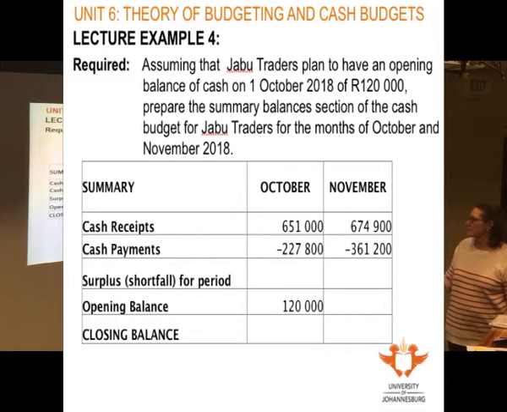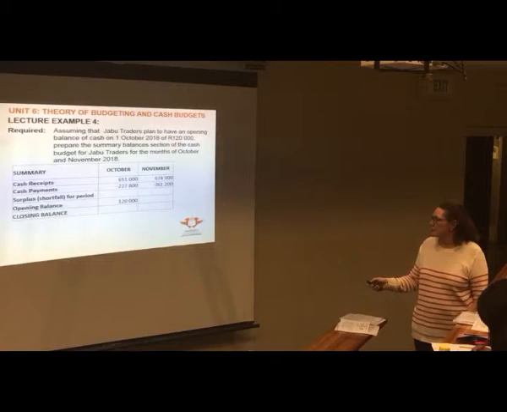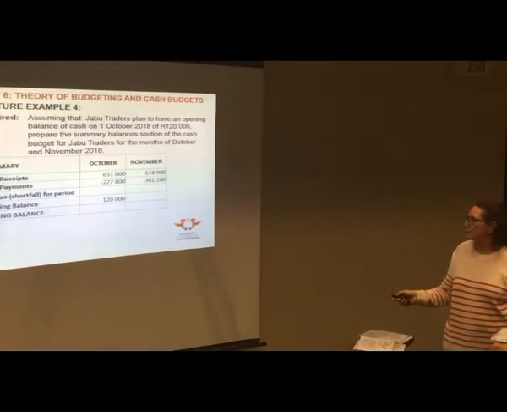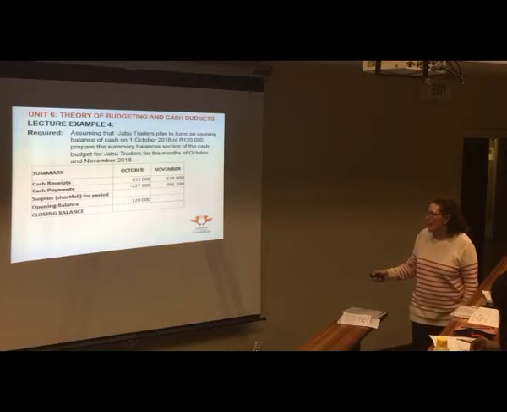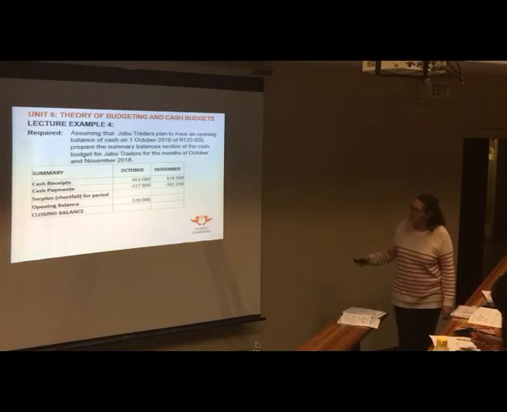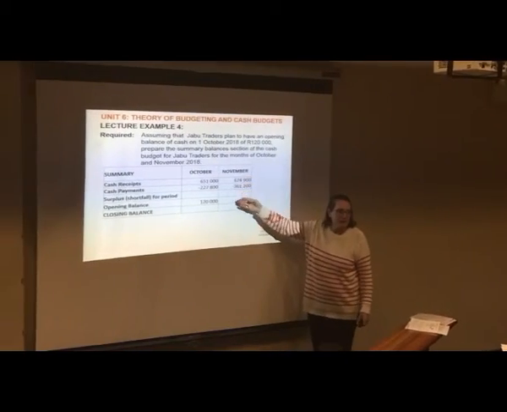151,000. Your cash receipts for November, did these numbers change? No. Were 674,900. Your payments for October were 227,800. Your payments for November were 361,200. And I've told you that your opening balance is 120,000. So these you've already got.